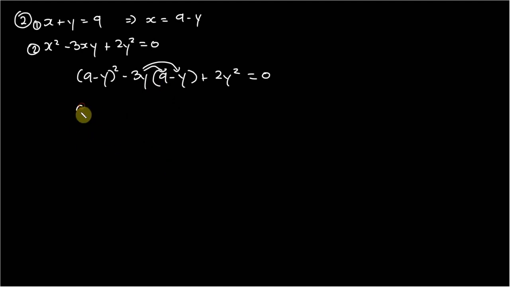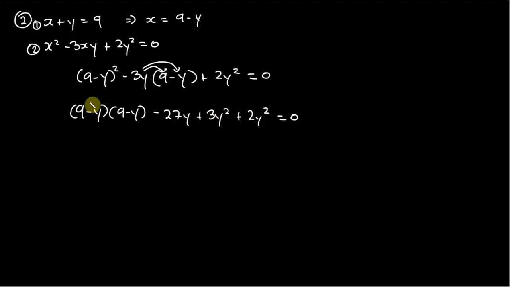So this is going to be 9 minus y, I'll just write it all out, 9 minus y times 9 minus y, minus, and well, 3y times 9, well, 3 times 9 is 27, so it's going to be minus 27y, and negative 3y times negative y is going to be plus 3y squared, and then we have still our 2y squared, so plus 2y squared equals 0.